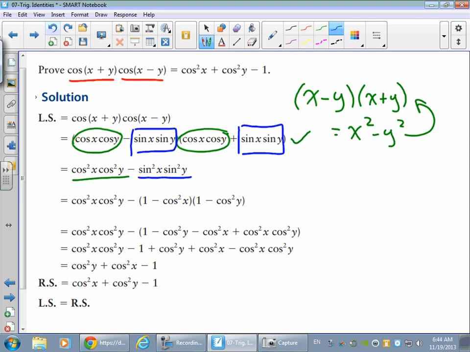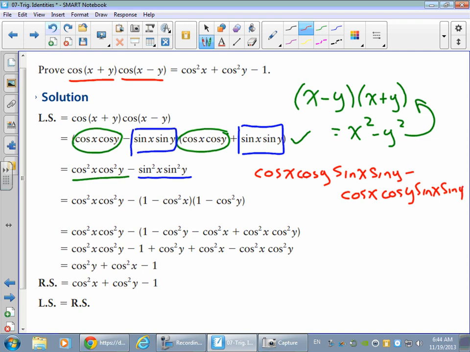What happens in between is we have a cos x, cos y, times sine x, sine y, and we have a negative cos x, cos y, sine x sine y.